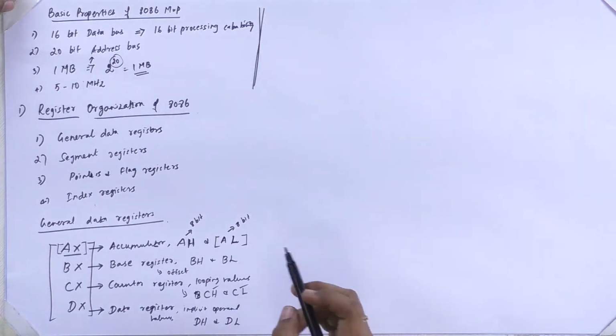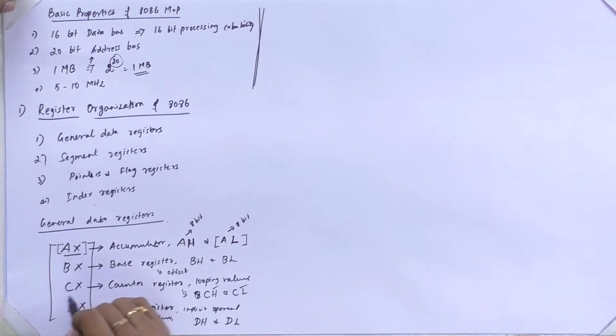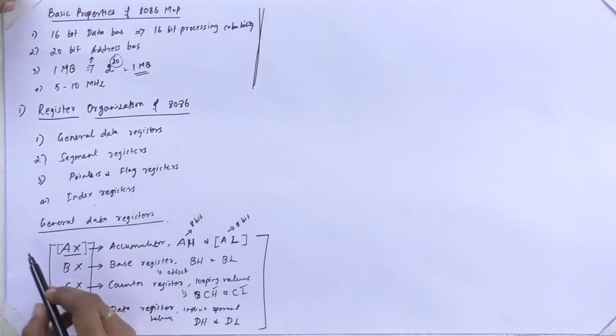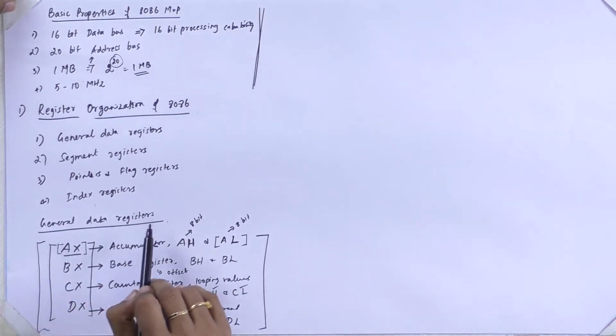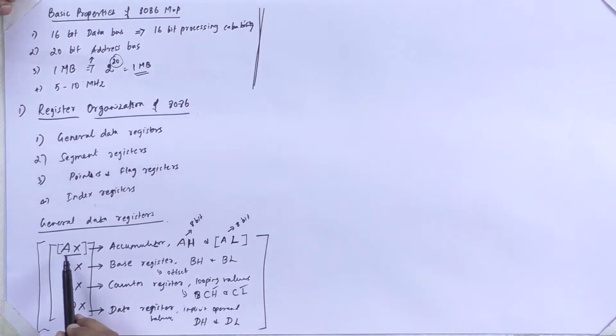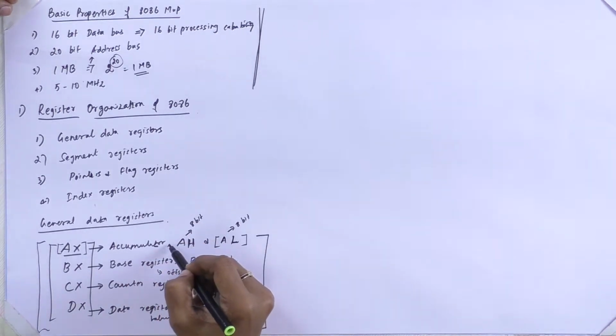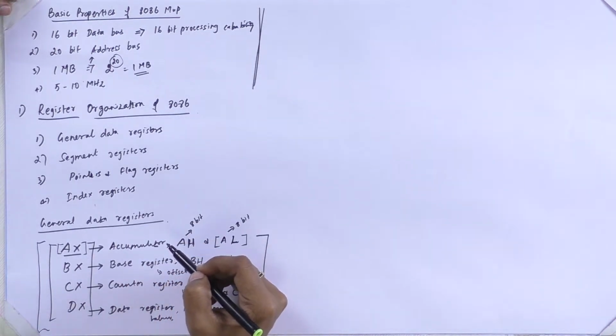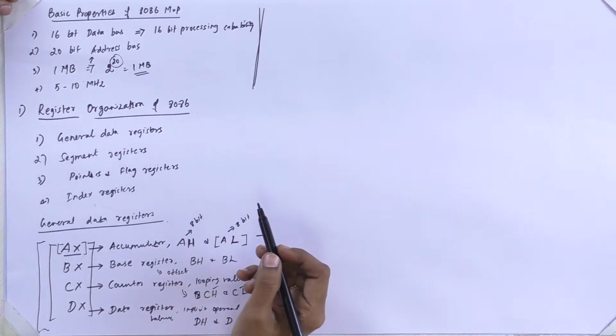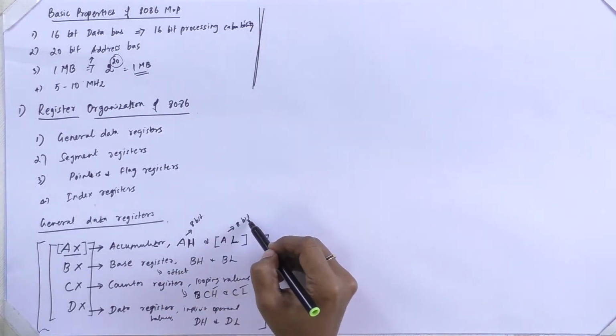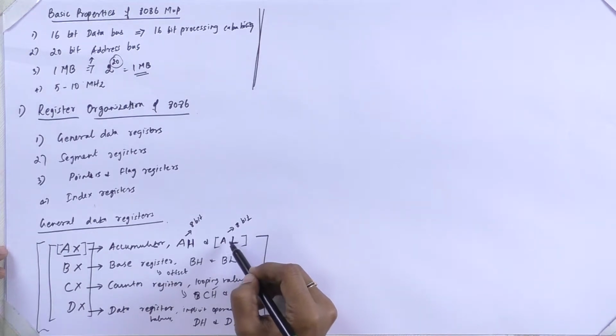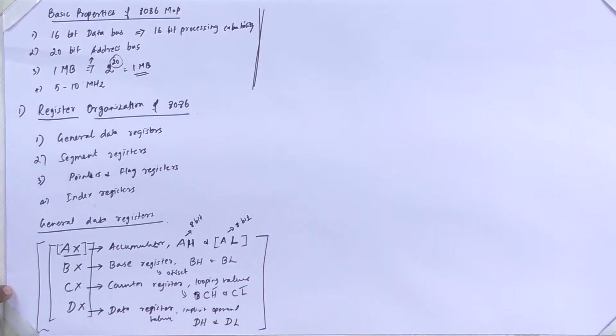All these 4 types of registers are called general data registers. AX is used as accumulator if the 8086 processor is performing any 16-bit operation. If it wants to perform any 8-bit operation, then AL alone can be used as accumulator.